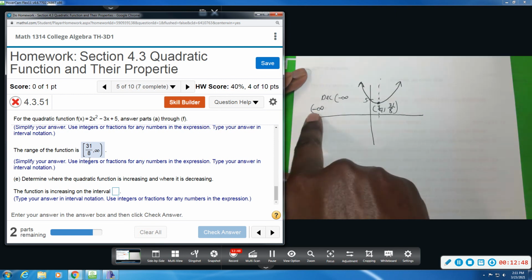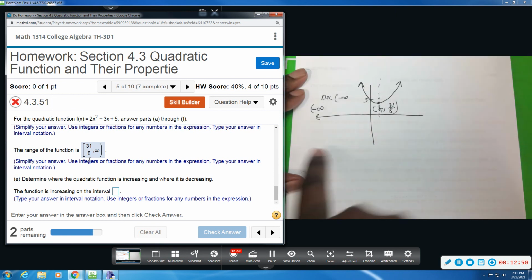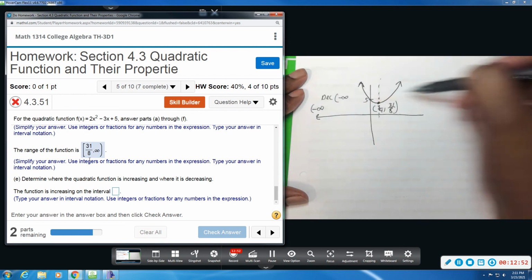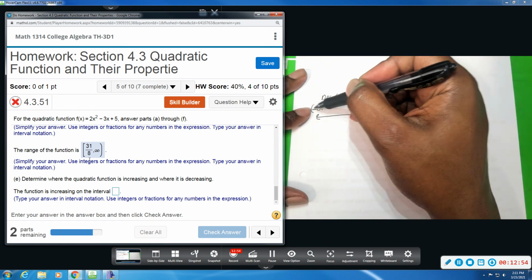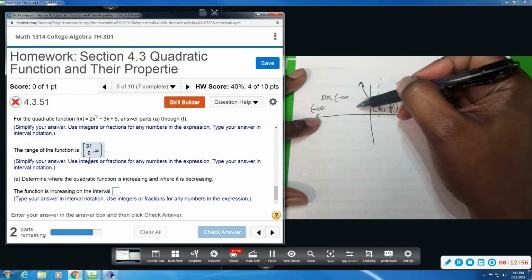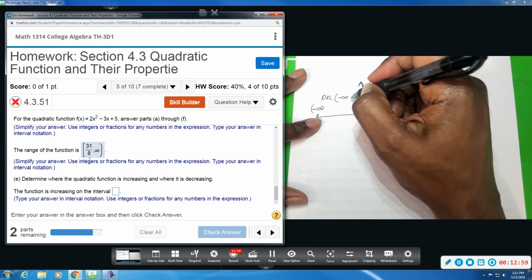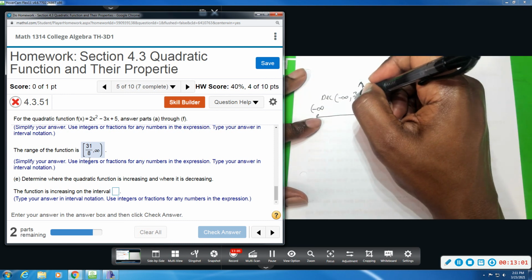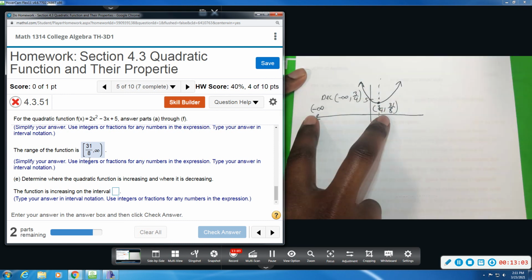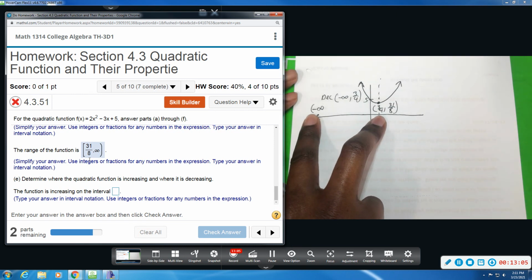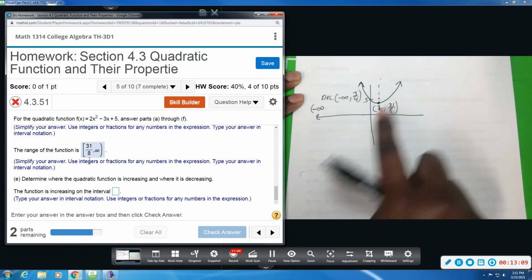That's just saying on the left side of the graph, not that it's coming from the bottom, but we read left to right. So it's decreasing from the left side of the graph, from the negative side, until we get to the number 3/4. We're describing it based on the x-axis. So the left side of the graph, from negative infinity to 3/4, is decreasing, going downward.